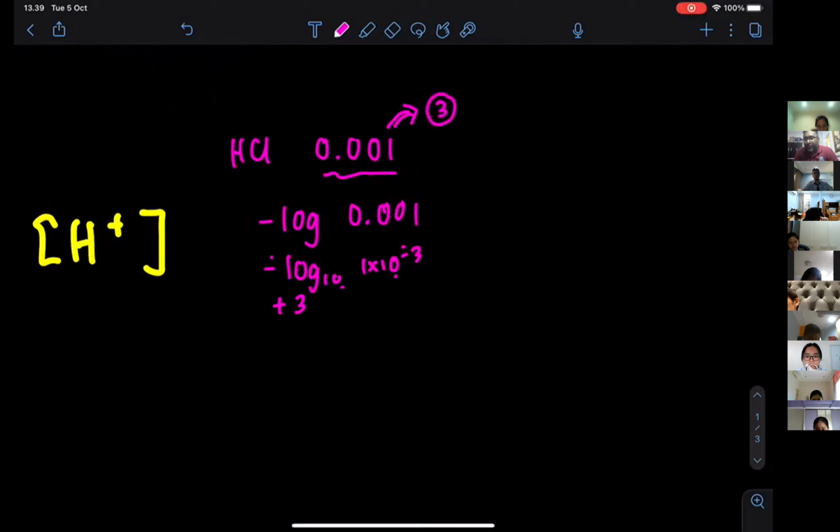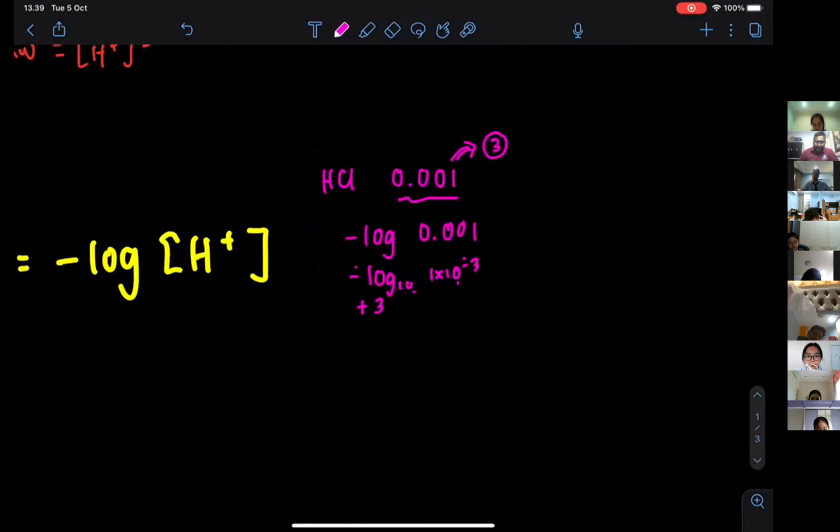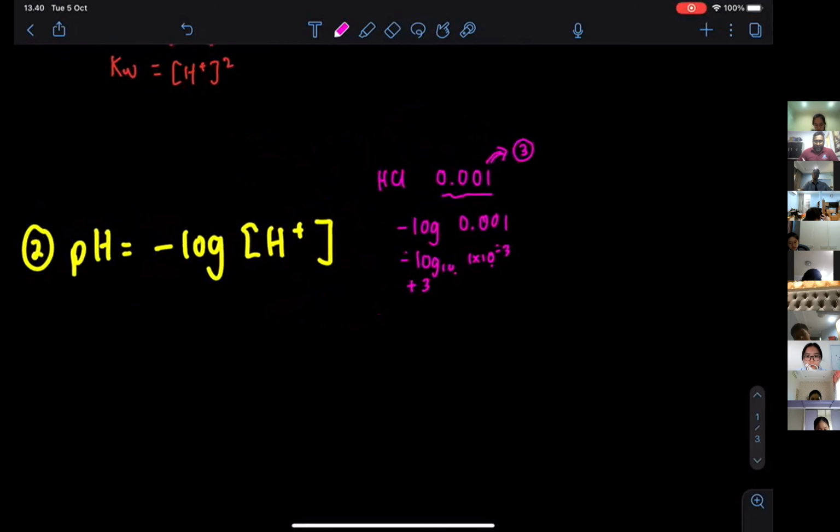That is the reason why they include this negative log: I want to change a smaller number into a whole number, and you can plot the graph and represent the data in a better way. That is the reason for the need to change them, negative log. If you don't put the negative, what will happen? Then you will have -3. We don't want that.